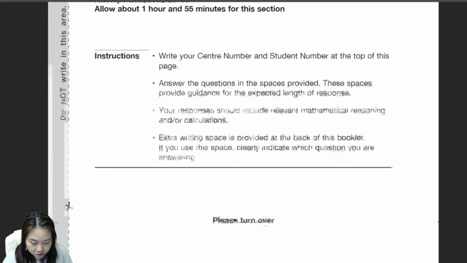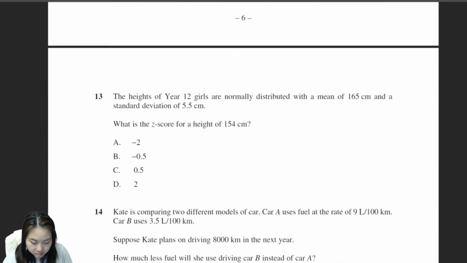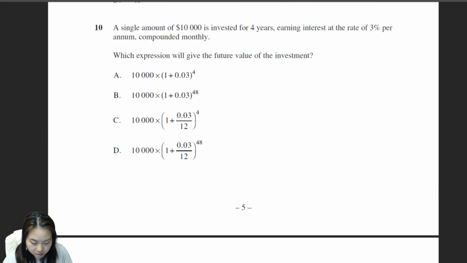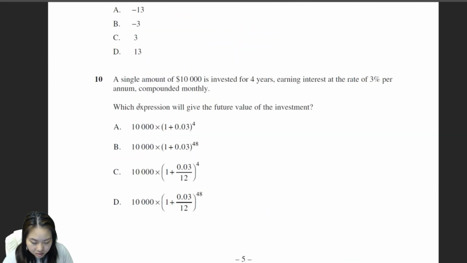So back to question 10. Which expression will give the future value? So it was 10,000 times 1 plus the interest. Oh, this is tricky. It's invested for 4 years, but it's compounded monthly. So the number of times the money is compounded is 4 times 12, which is 48.